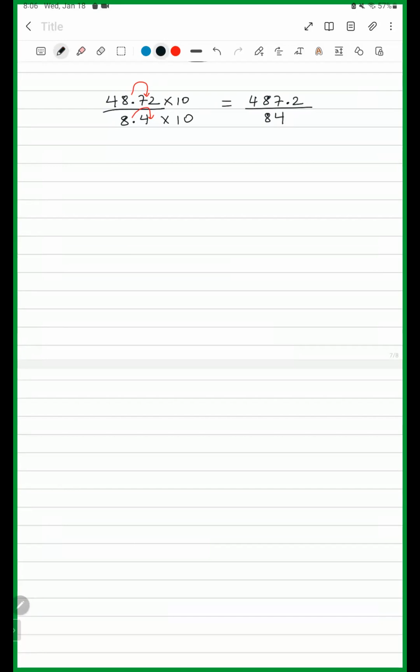Fine. Now you will say, oh no, I still have this point, I want to get rid of this point. How do I do that? I again multiply both numerator and denominator by 10.